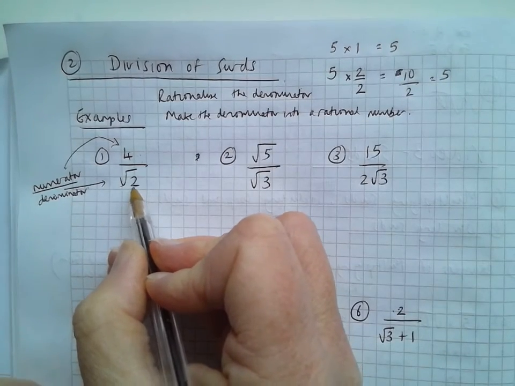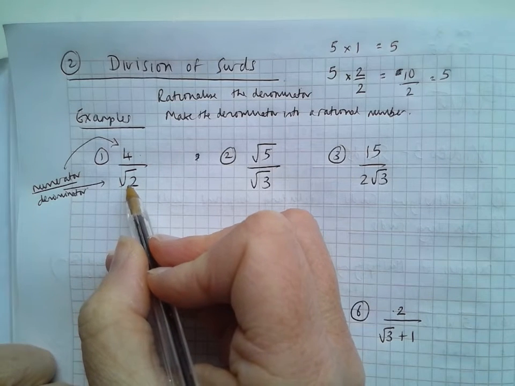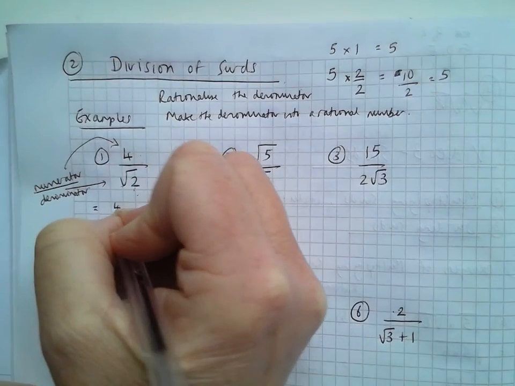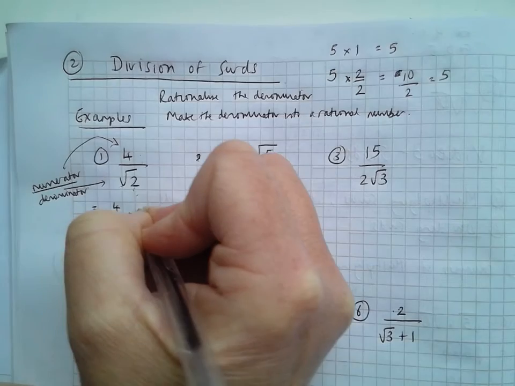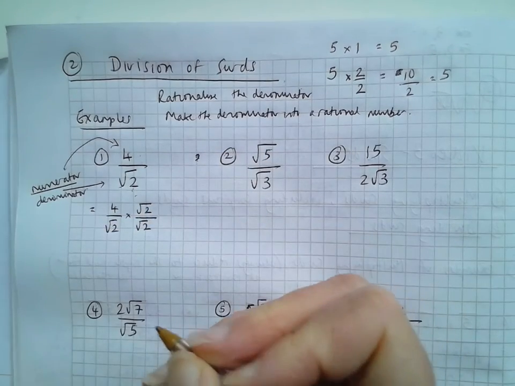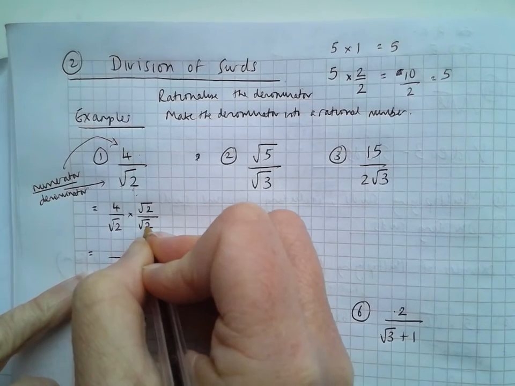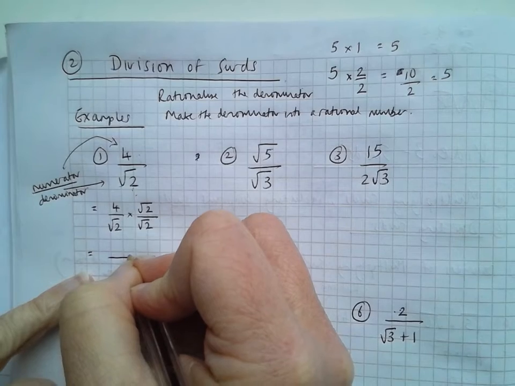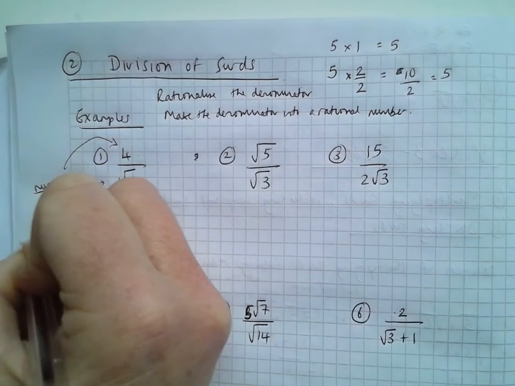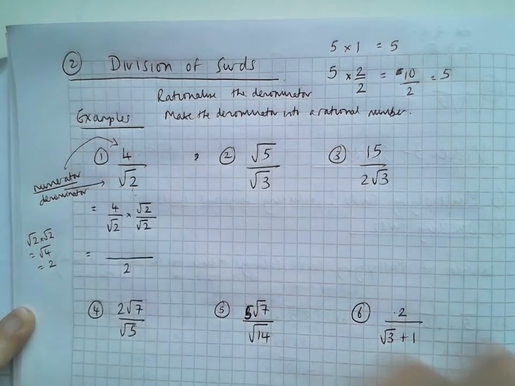So what could I multiply root 2 by that would make it into a rational number? And hopefully you can see that I'd multiply it by itself in this case, because root 2 times root 2 is root 4, which is 2.